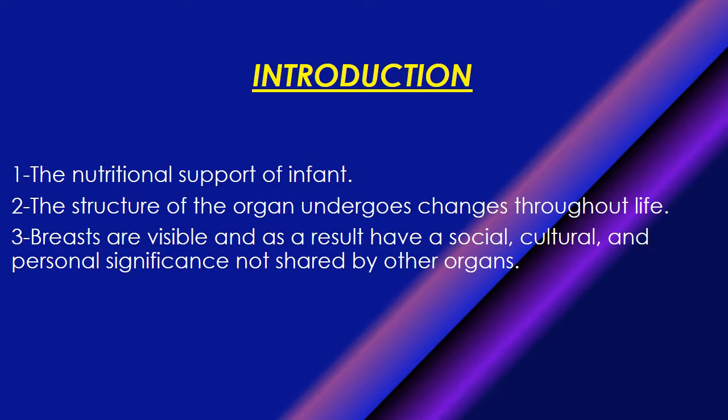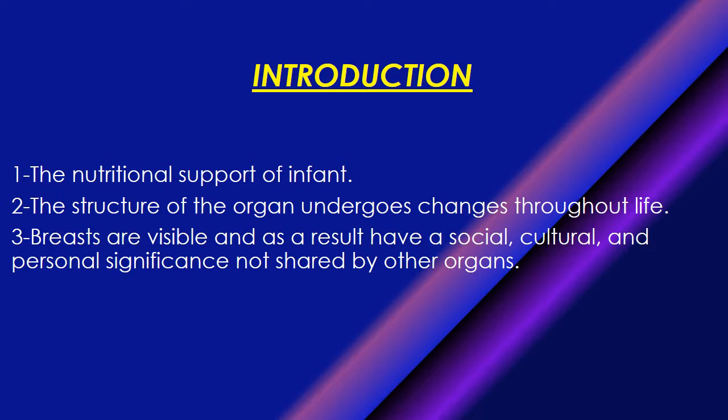The most important features that distinguish the breast from other organs: first, rather than being essential for survival, the major function is nutritional support for another individual, which is the infant. The second is that the structure of the organ undergoes marked changes throughout life, such as expansion of the lobular system after menarche, periodic remodeling during adulthood, and involution and regression of the lobule.